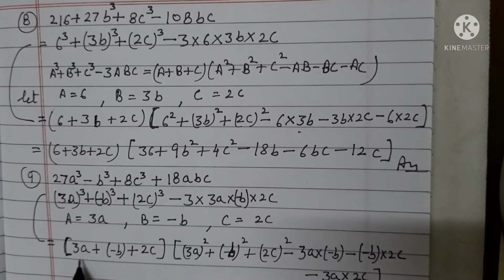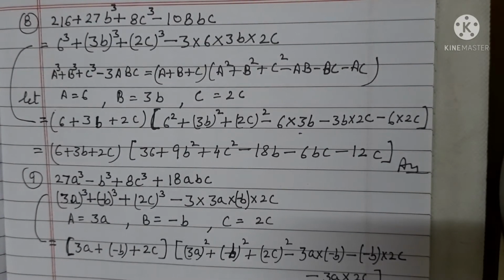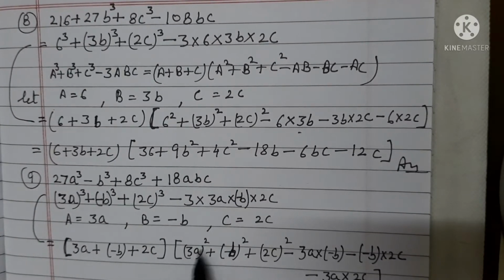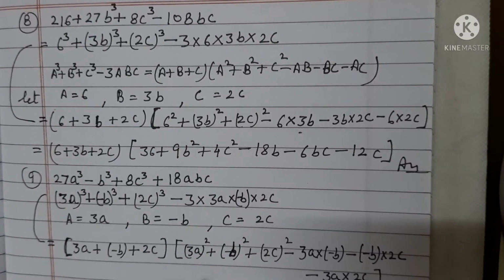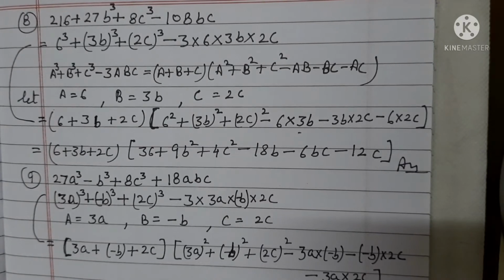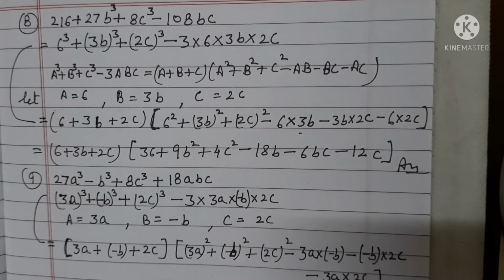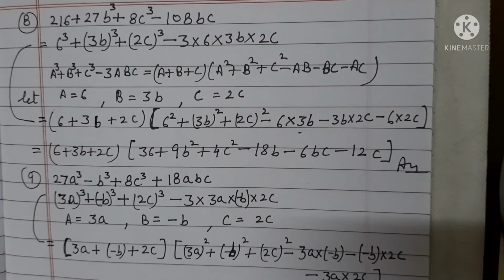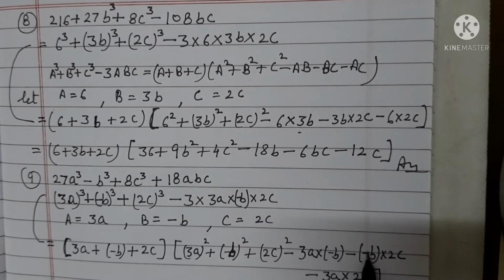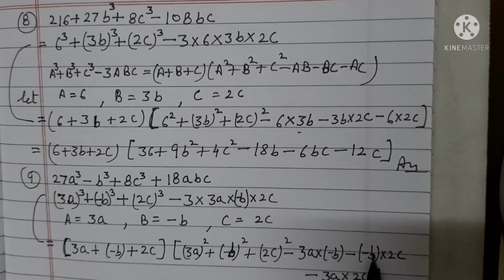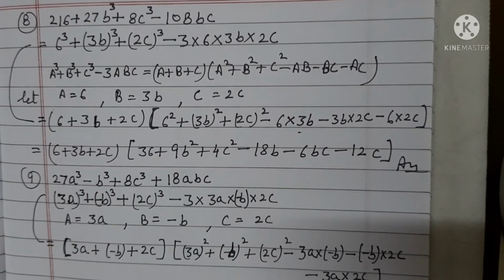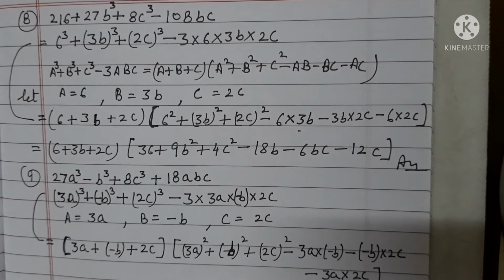Now 3a minus b plus 2c, and here it becomes 9a square and this minus square becomes plus, so write here plus b square plus 4c square, minus minus plus 3ab, and here minus minus plus 2bc, and this minus 3 2s are 6ac.